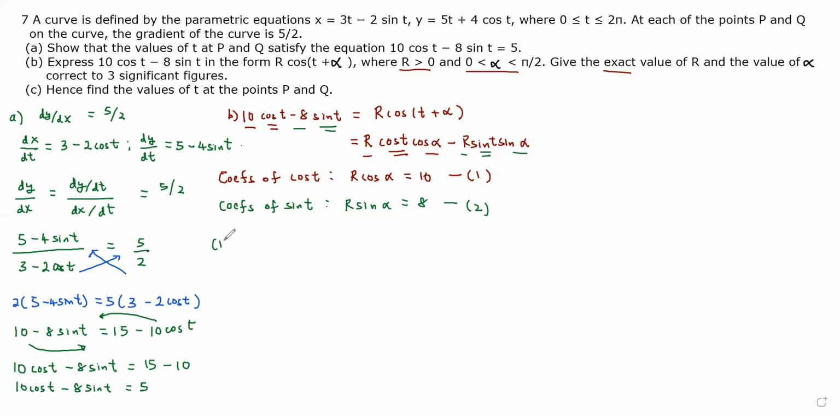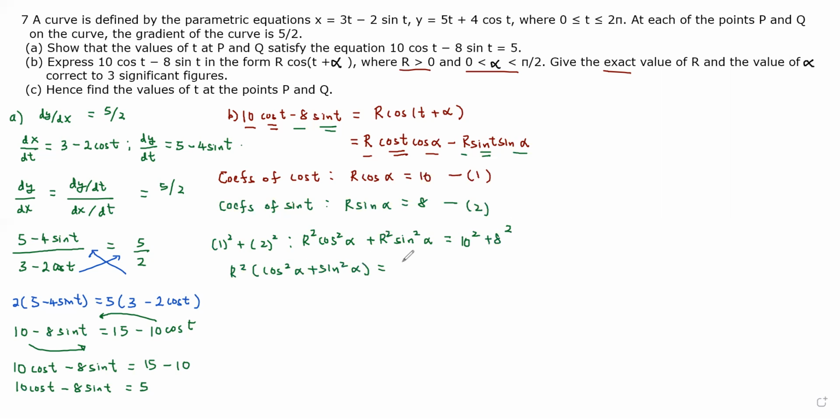So we take the sum of squares of those two equations. On the left, we have R squared cos squared alpha plus R squared sine squared alpha. On the right, we have 10 squared plus 8 squared. On the left, when we factor out R squared, we have cos squared alpha plus sine squared alpha.